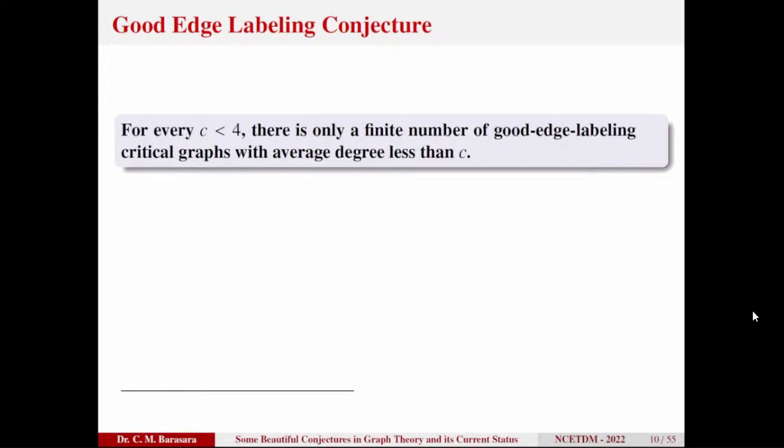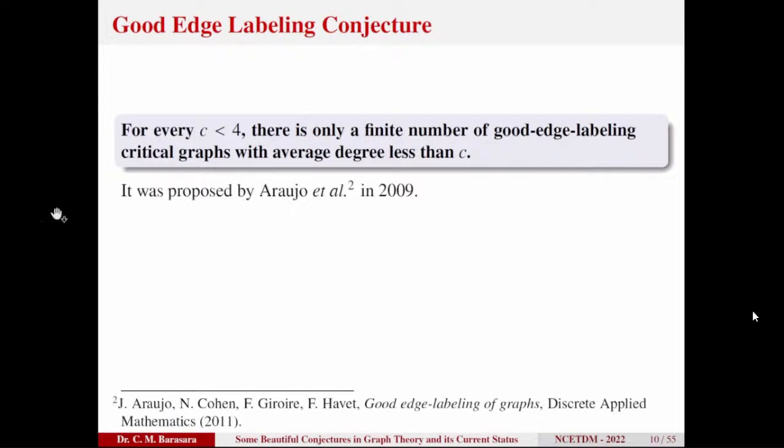And now let's come down to the conjecture. What is the statement of the conjecture? It says that for every C less than 4, there is only a finite number of good age labeling critical graphs with average degree less than C. It was proposed by Araujo and others in 2009.